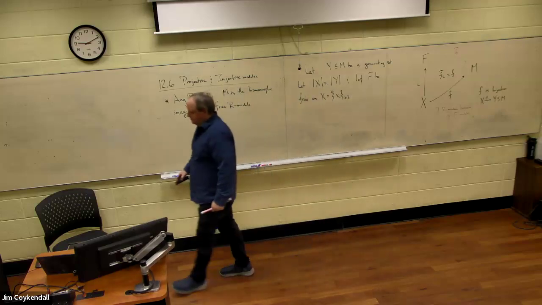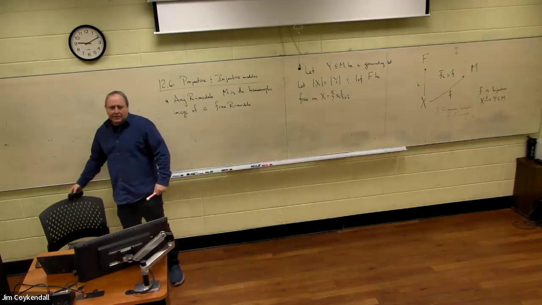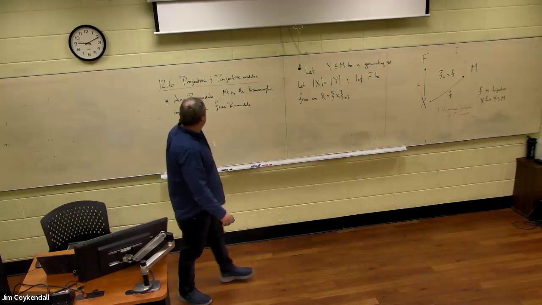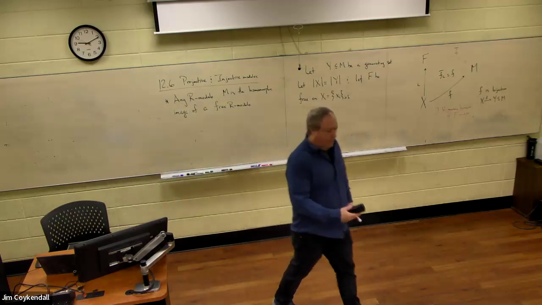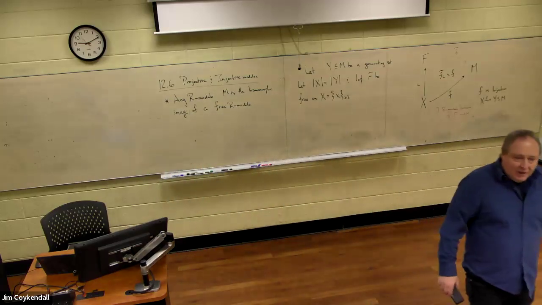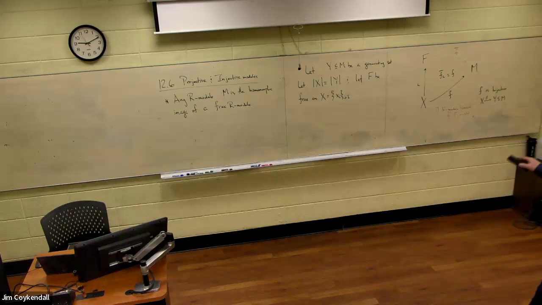Now, I've got most of my claim done because I have at least a homomorphism from F into M. All I need to do is convince us all that this is onto.